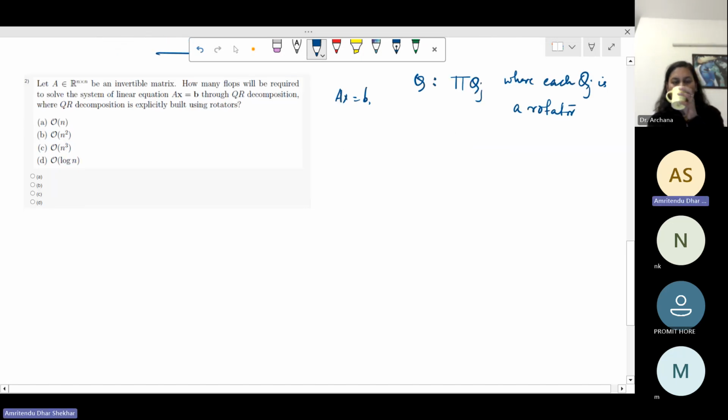And just so that it's clear, what a rotation is doing is, if I can draw a picture, let's say you are in Rn. Let's say this is the ith axis.